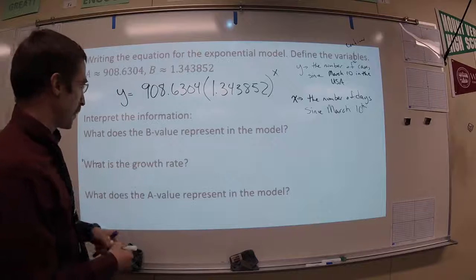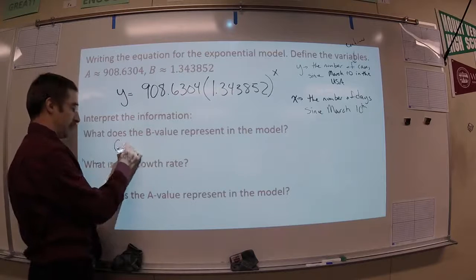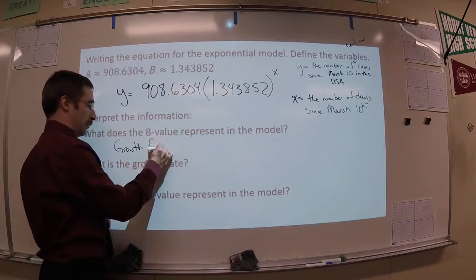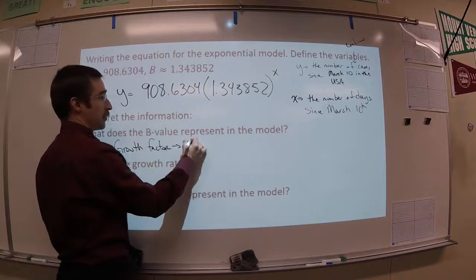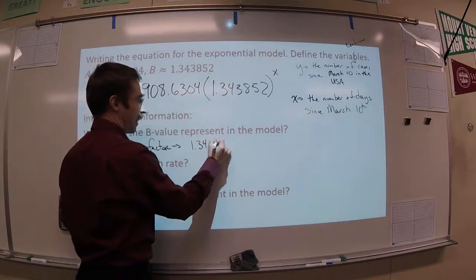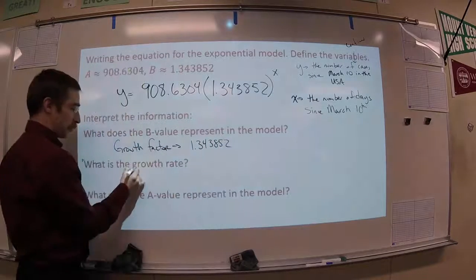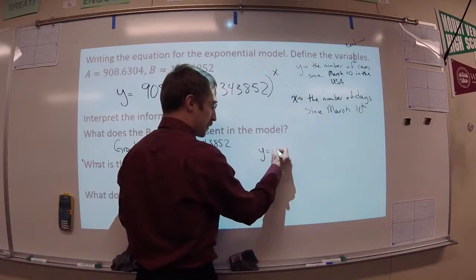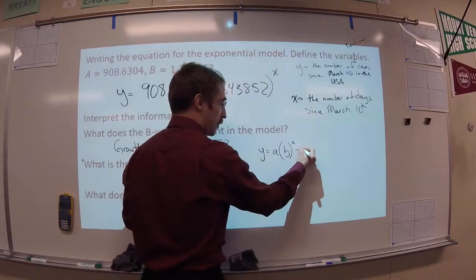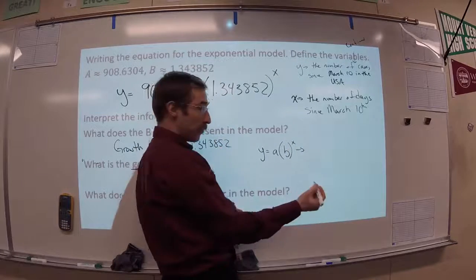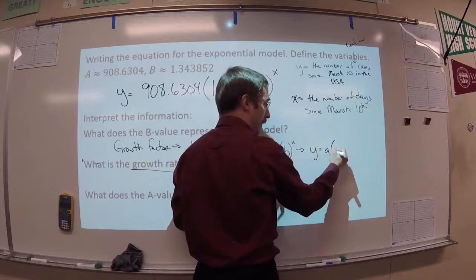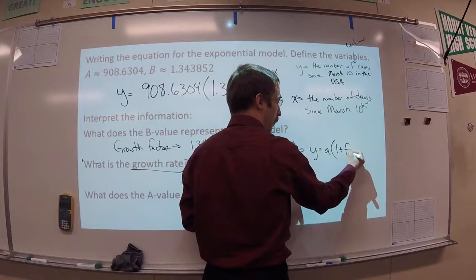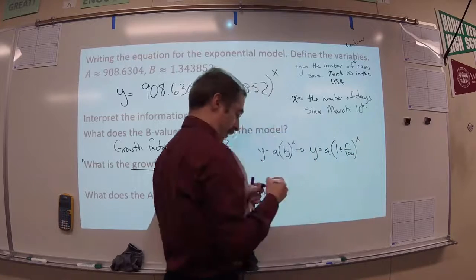So the b value represents the growth factor, which is 1.343852. Remember when we did this before, y equals a times b to the x. If it's growth, we can write it as y equals a times (1 plus r over 100) to the x.